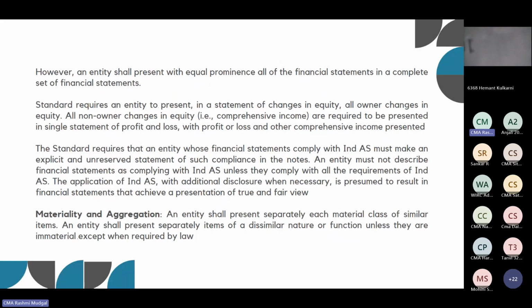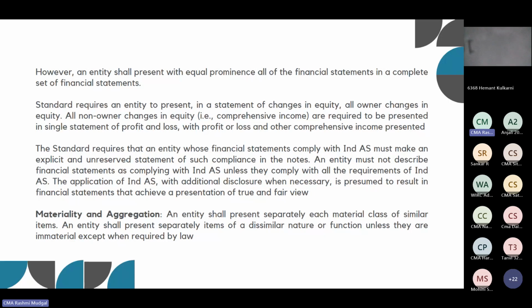All non-owner changes in equity, comprehensive income, are required to be presented in a single statement of profit and loss, with profit and loss and other comprehensive income presented. The standard requires that an entity whose financial statements comply with Ind AS must make an explicit and unreserved statement of such compliance in the notes.